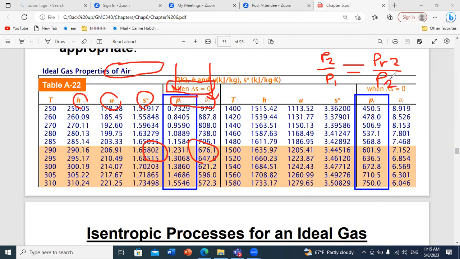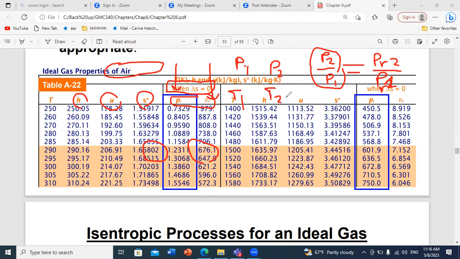Then, if I know P2 and P1 and I want to determine, let's say, the temperature T2, suppose that you have P1, T1, you know P2, and your unknown is T2.